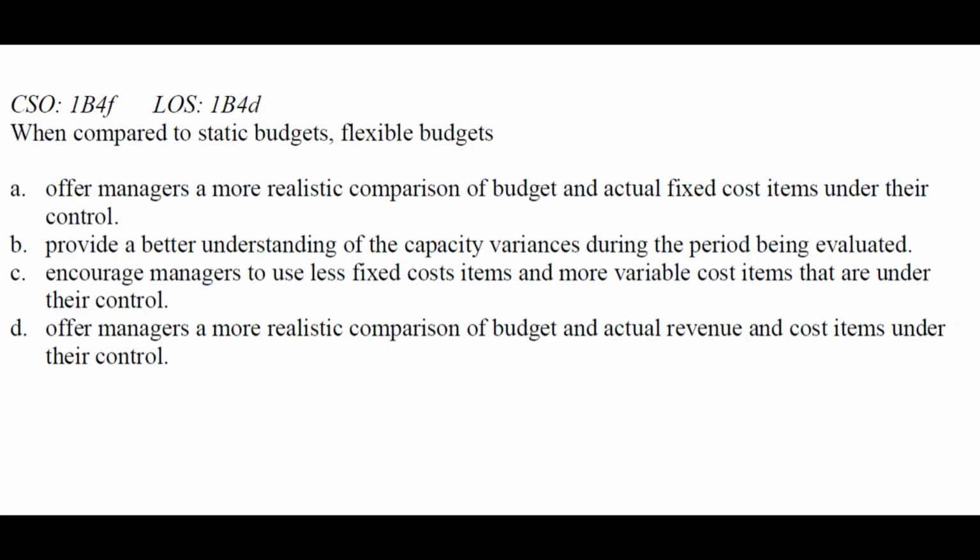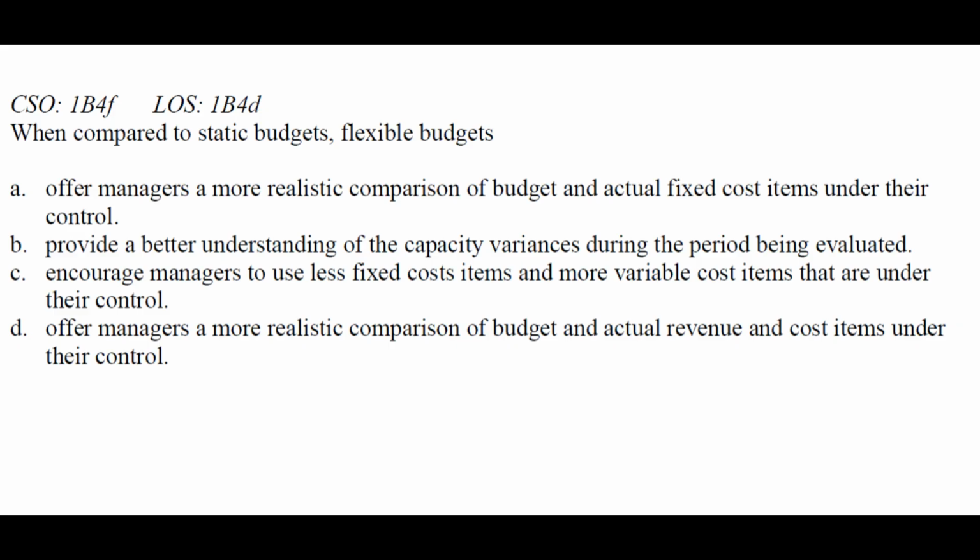B. Provide a better understanding of the capacity variances during the period being evaluated. Incorrect. Capacity variances relate primarily to fixed overhead analysis, whereas the primary purpose of a flexible budget is to adjust costs and revenues to the actual activity level for performance evaluation.